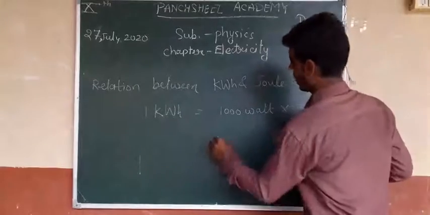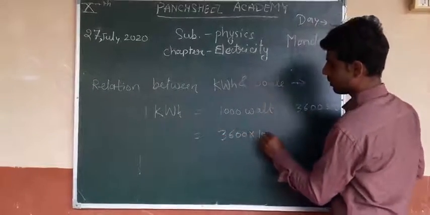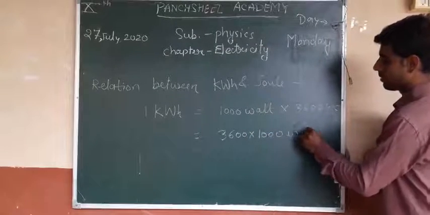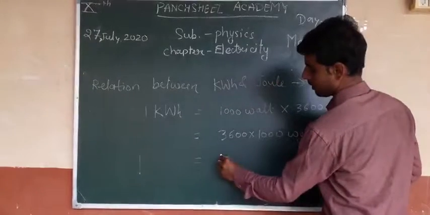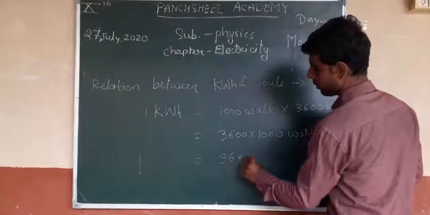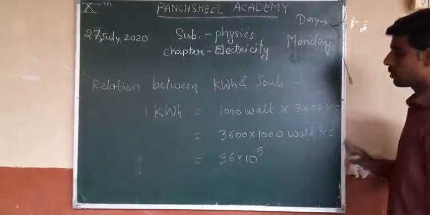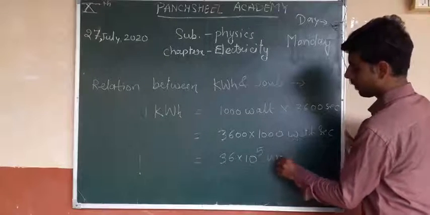So 3600 into 1000 watt second, that is 36 into 10 to the power 5 watt second.